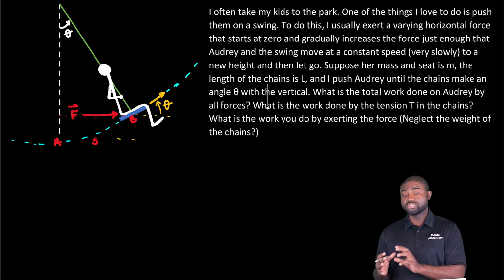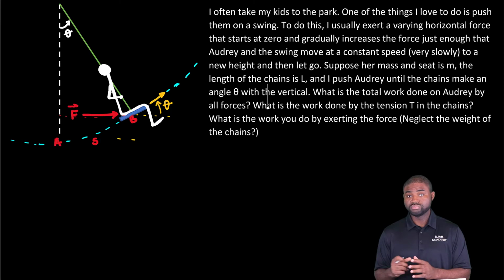That work done is the total work done on the system. This is actually the easier way to do it. Calculate the net force and then calculate the work done by the net force. That gives you the total work done on the system.